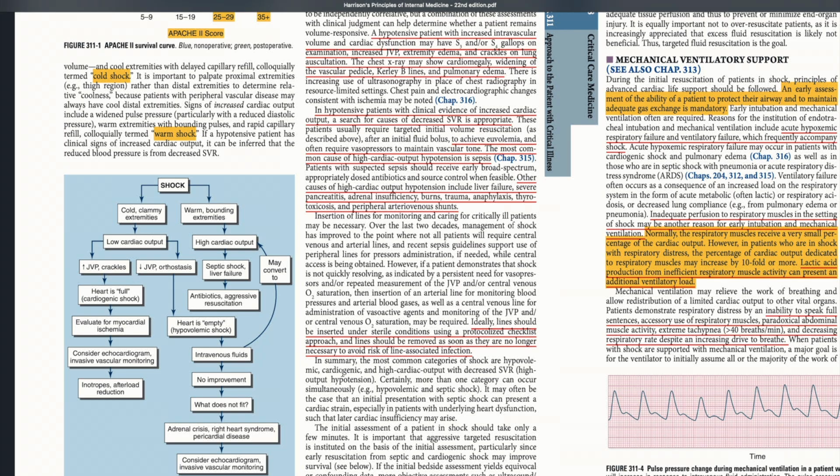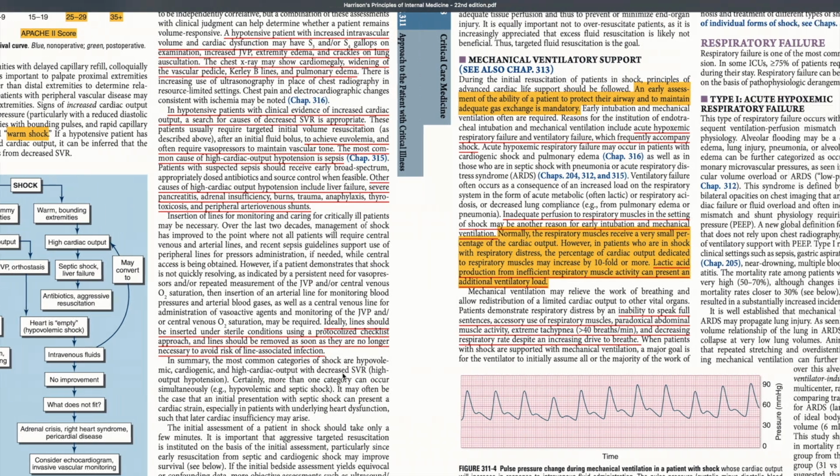If no improvement, add vasopressors, and the first line of vasopressors is norepinephrine. If we suspect septic shock, then we have to give broad spectrum antibiotics. This rapid structured approach can make the difference between survival and death.